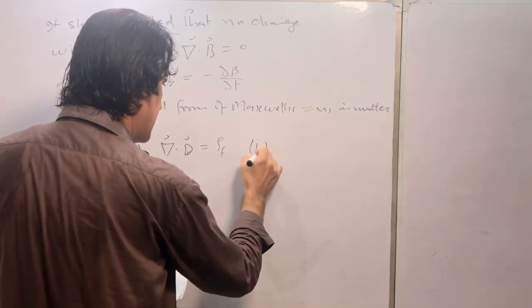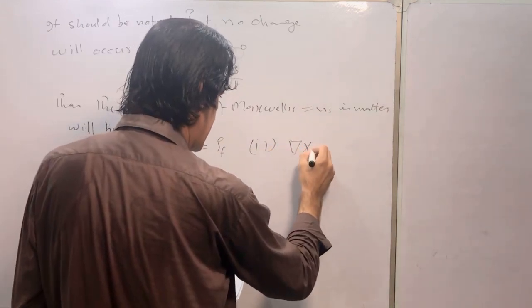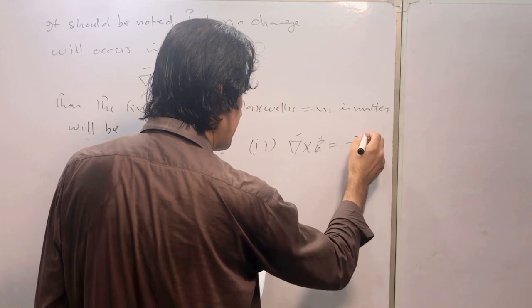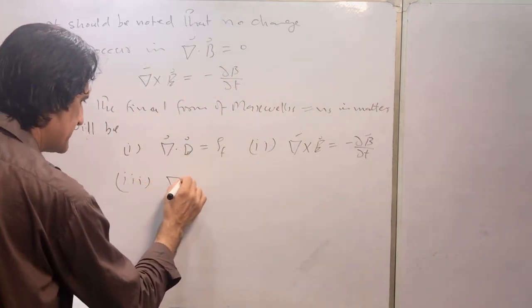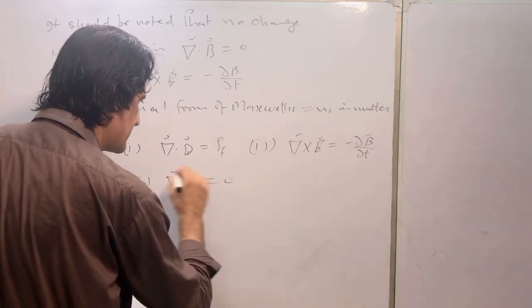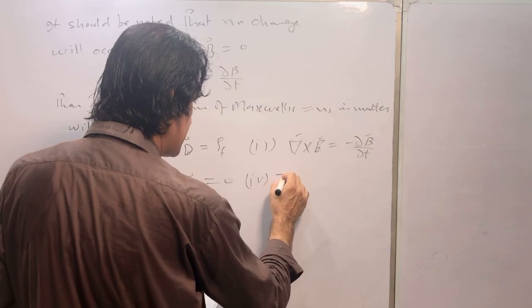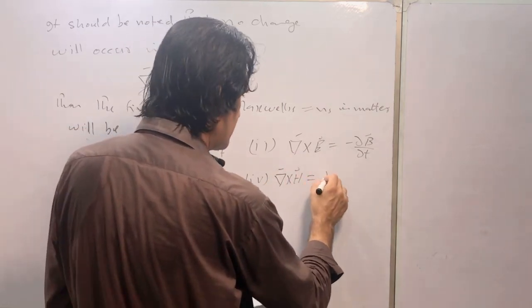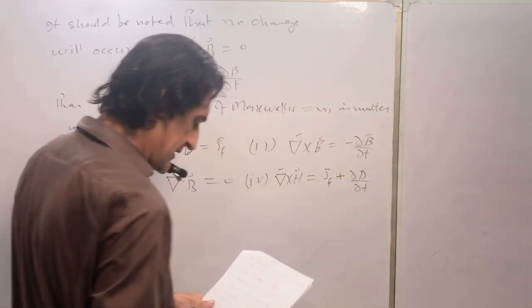The second one is del cross E, which is equal to minus partial B divided by partial T. The third one is divergence of magnetic field B, which is equal to 0. And the fourth one that I have calculated, curl of H, is equal to JF plus partial D divided by partial T.